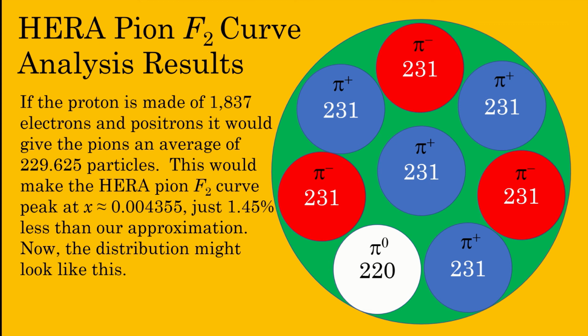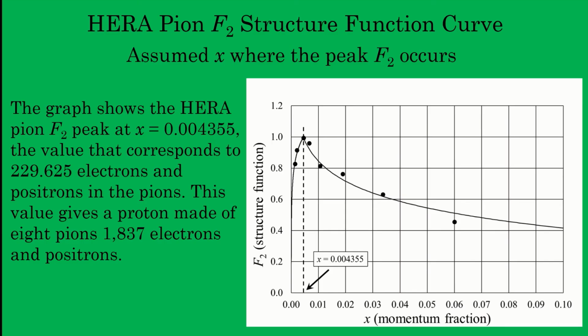This x is just 0.000063 or 1.45% less than our approximation. Therefore, we will now assume that x equals 0.004355 is where the pion's peak F sub 2 value occurs.